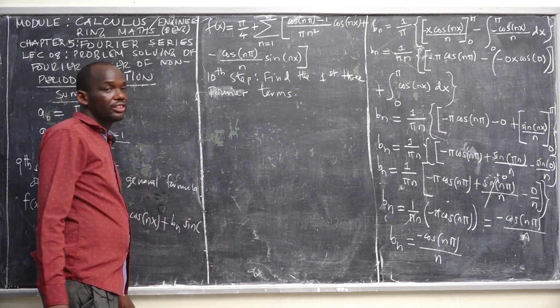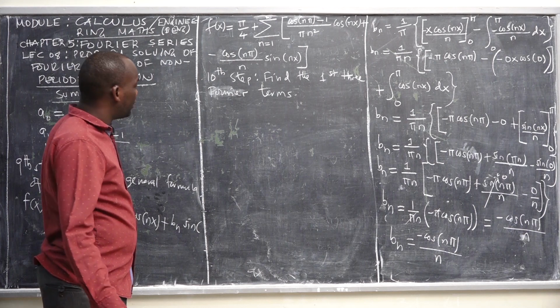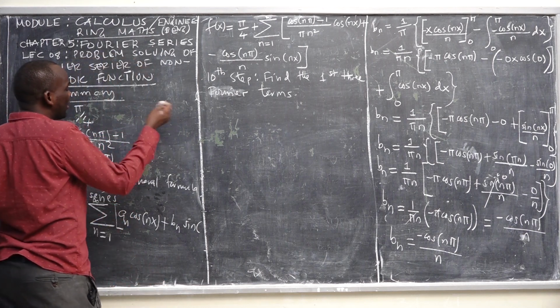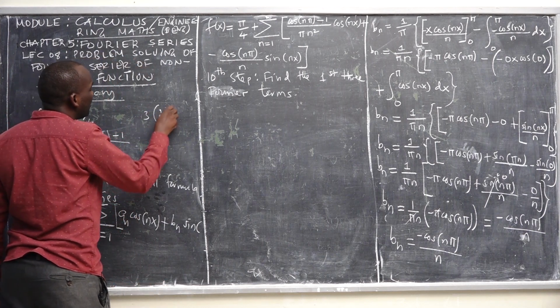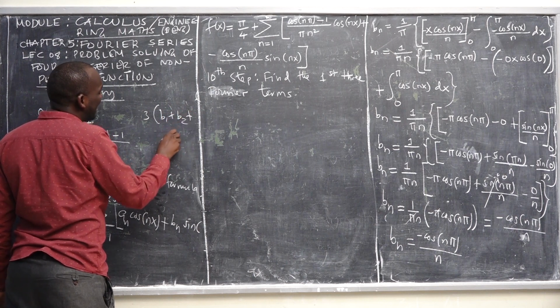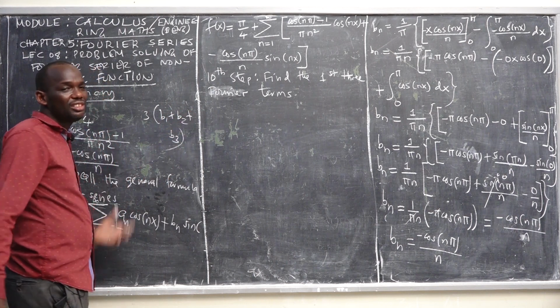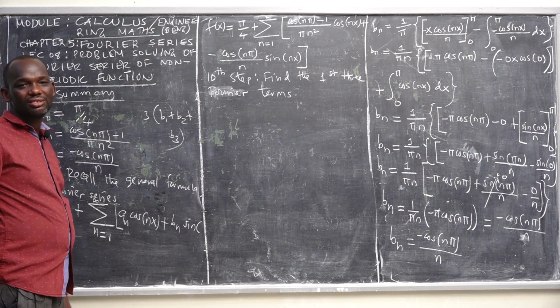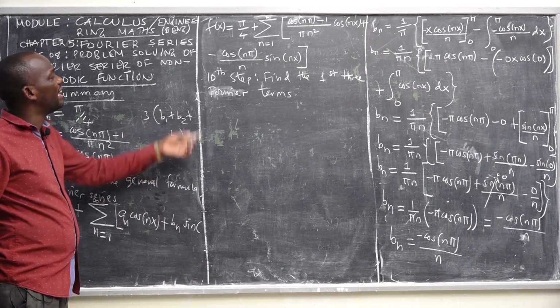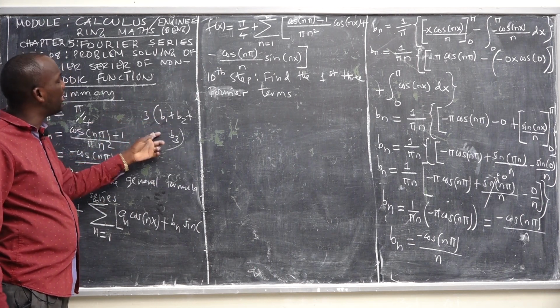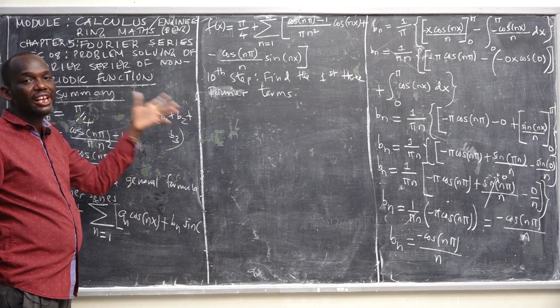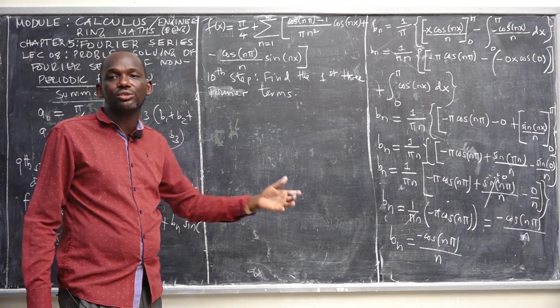In the test, you have been asked to find something like this one, b1, b2. Nothing, I have told you. Simple. Because b1, b2 is when after you found the bn, you substitute when n is equal to 1, n is equal to 2, n is equal to 3.